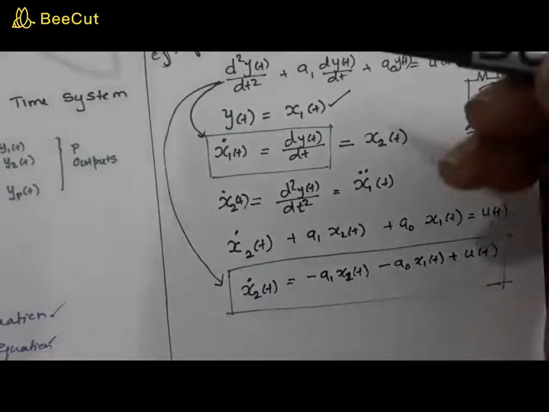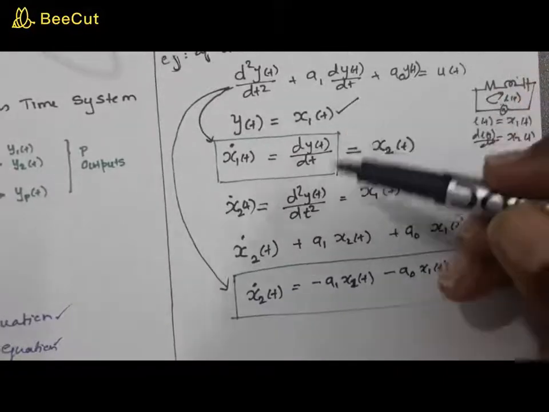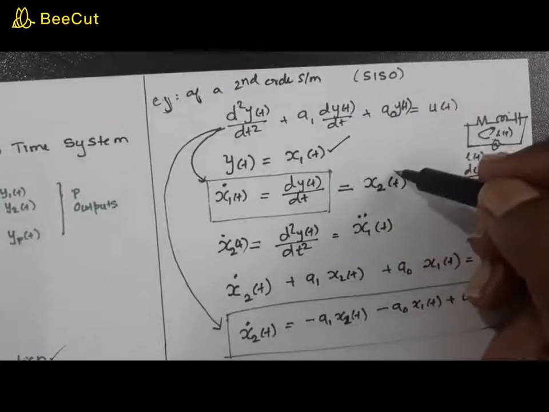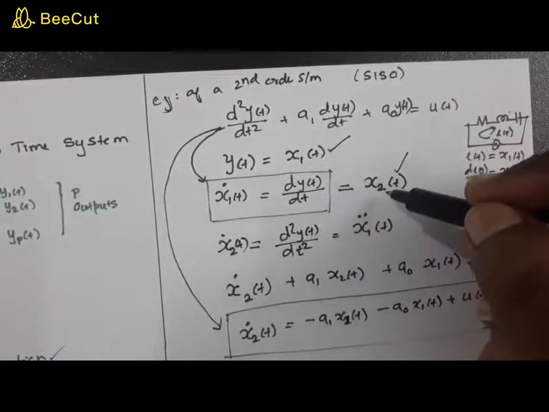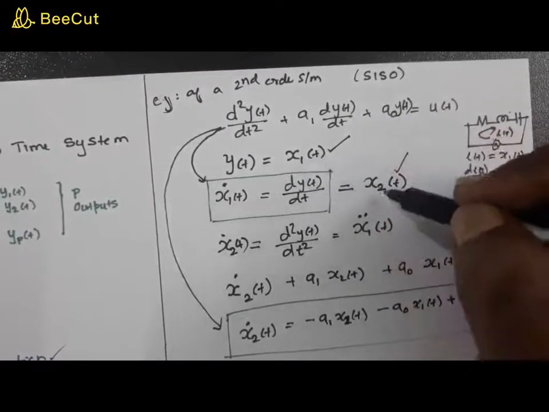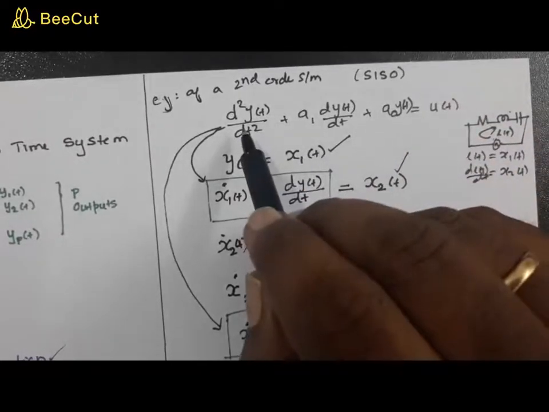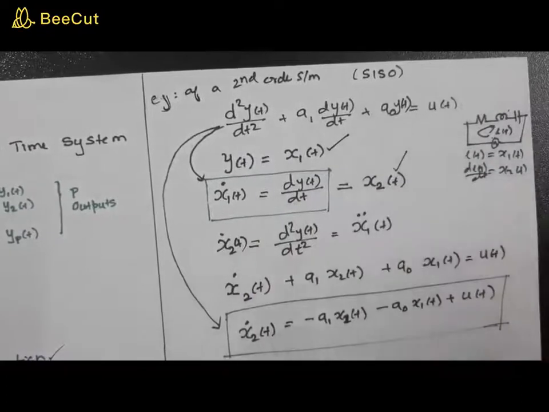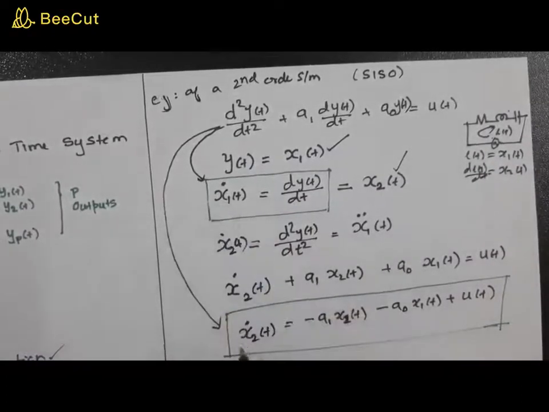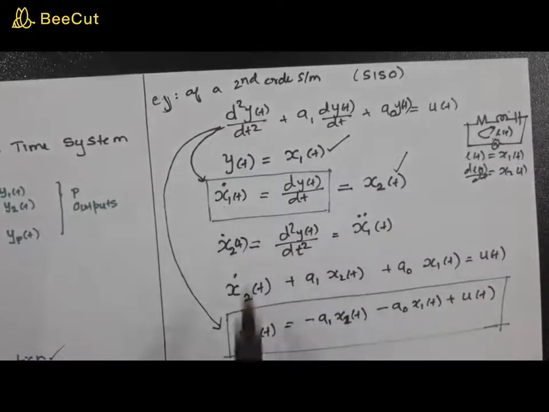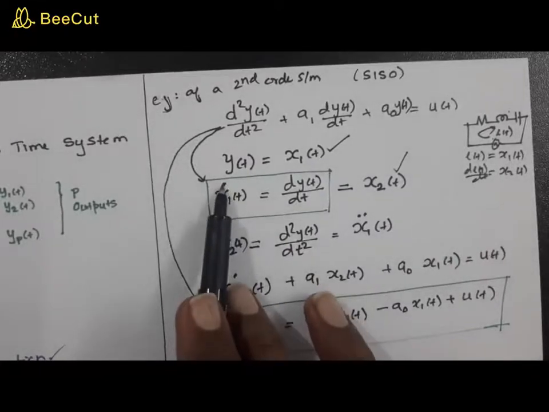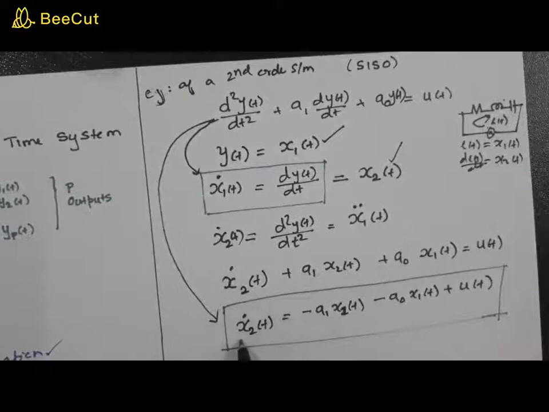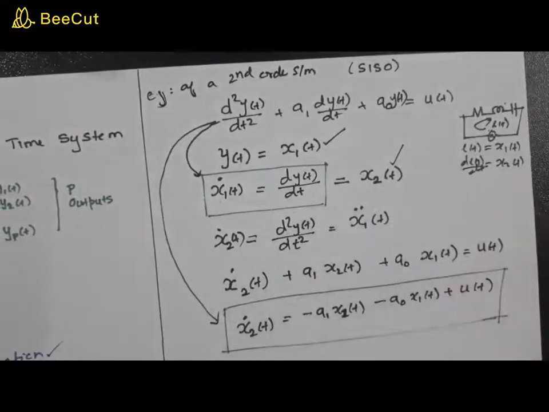So let us study something from this. This is a second order system, and we have assigned two state variables, x1 of t and x2 of t, meaning the number of state variables will be equal to the order of the system, right? And not only that, these are first order differential equations: x1 of t dot, single dot, is the first order derivative, and this is also the first order derivative of the second variable which we have assigned.